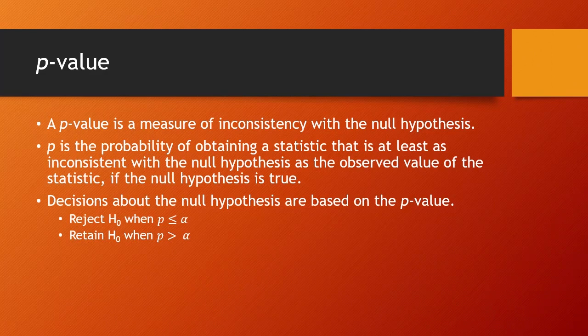And our decisions about the null hypothesis are based on this p-value. When the p-value is very, very small, and what do we mean by that? That it's less than or equal to alpha, which we set here as 0.05, we reject the null hypothesis. When the p-value is bigger than 0.05, we keep the null hypothesis. That doesn't mean we've shown the null hypothesis to be true, but we've considered it a reasonable enough guess that we're not going to throw it out.